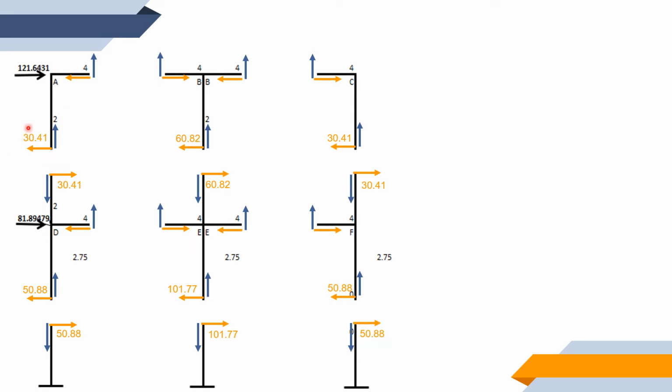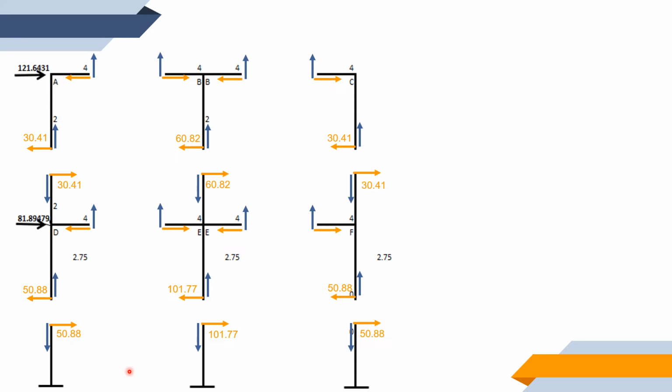These are the values we got earlier: 30.41, 60.82, and 30.41. They are directed towards the left, to counteract these forces. But since these are the same joints, we just separated them for convenient viewing. So if there is a force going to the left, there is one going to the right, and that will be of equal magnitude. The same thing with our first floor.